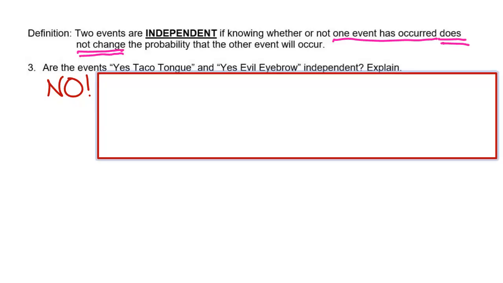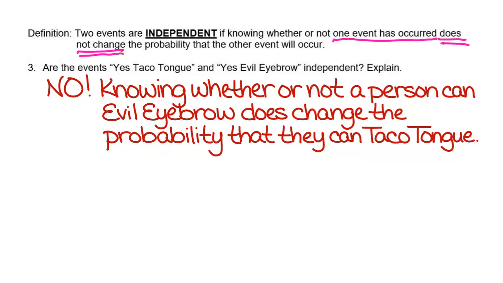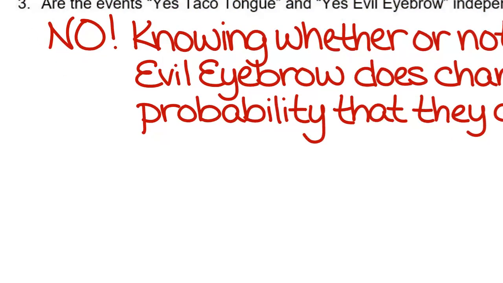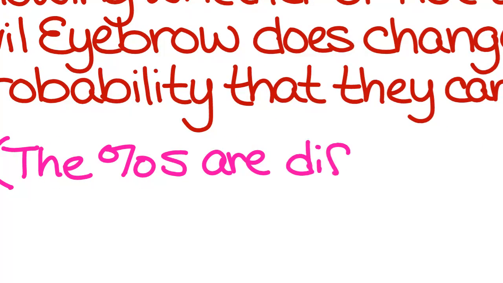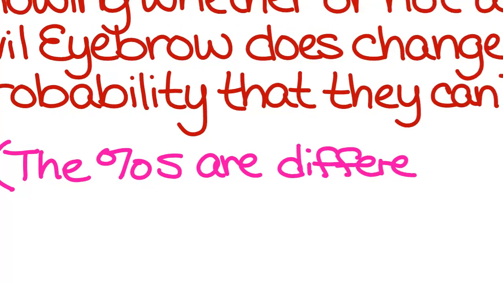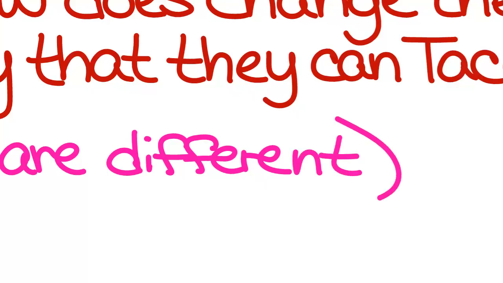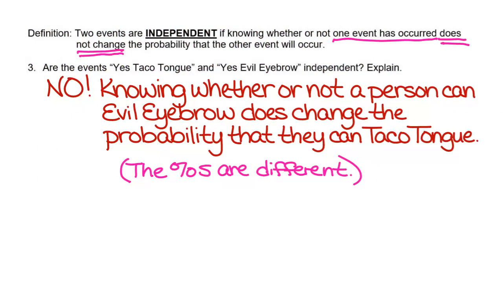If you know that somebody can evil eyebrow, they're more likely to be able to taco tongue than somebody who can't evil eyebrow. The percents are different. Right.